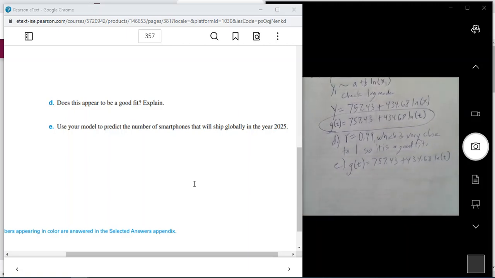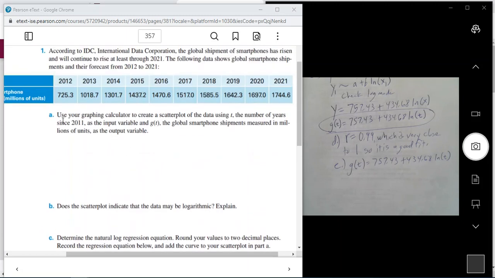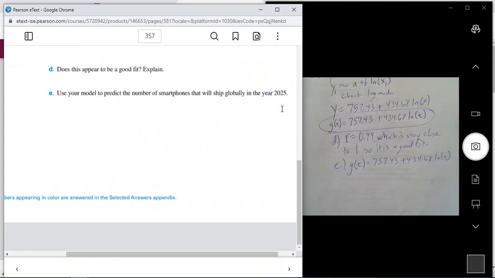Okay, so now for t, we're going to substitute in. Now remember, it says 2025. Now remember, our initial problem said everything was from since 2011. If we go back up here to A, it says since 2011. So 2025 from 2011 is actually 14.